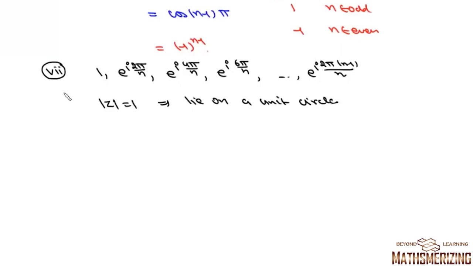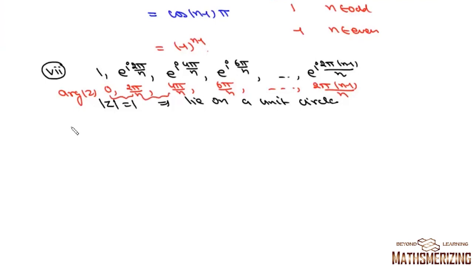And if we write the argument of these roots, then the argument of 1 is 0. Here the argument is 2 pi by n. Here it is 4 pi by n, 6 pi by n, up to 2 pi (n minus 1) divided by n. Now between any two roots there is an angle 2 pi by n.